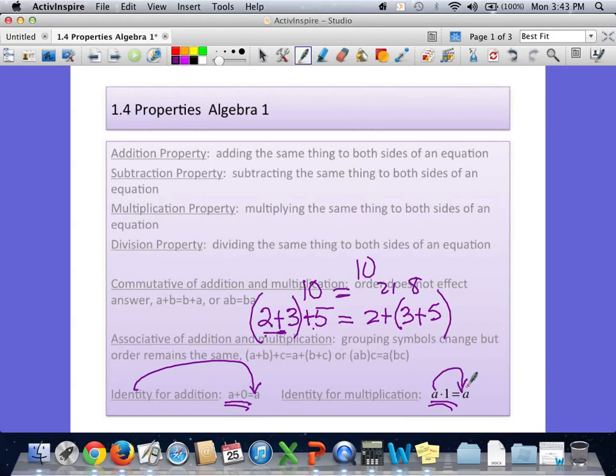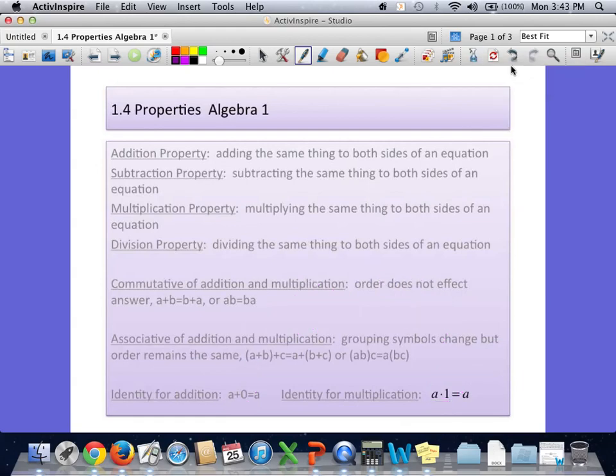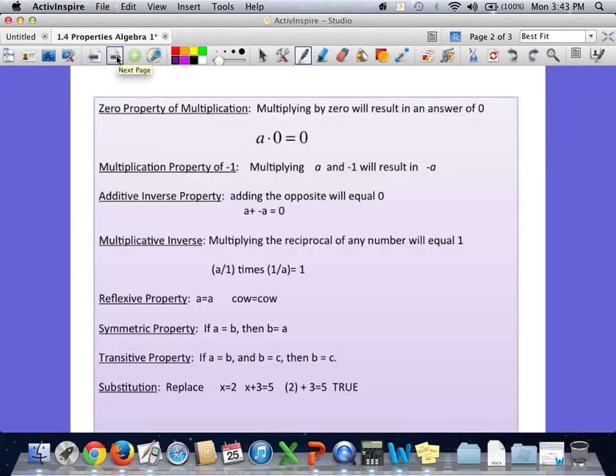You need to know these. So identity, you get yourself back, and that's true for addition and multiplication. Zero property of multiplication means that you're multiplying something by 0. And whenever you multiply by 0, you're always going to get 0. It's one of the easier properties.